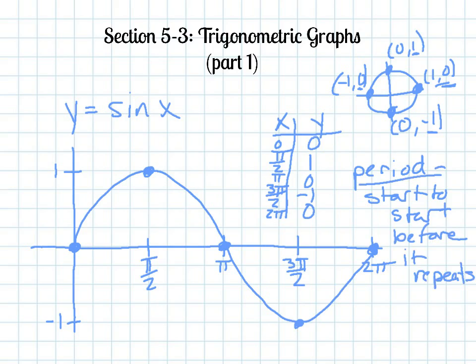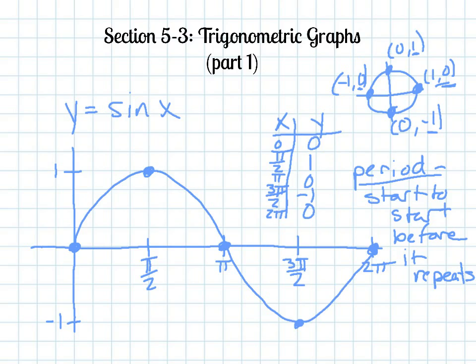Okay, because if I plugged in 5 pi over 2, that would be the same thing as pi over 2, which would get me back to 1, so I'd start the process over. So you usually go up and then back down and then back to the middle for the start to start.